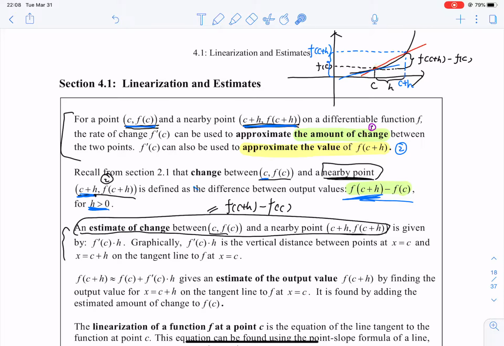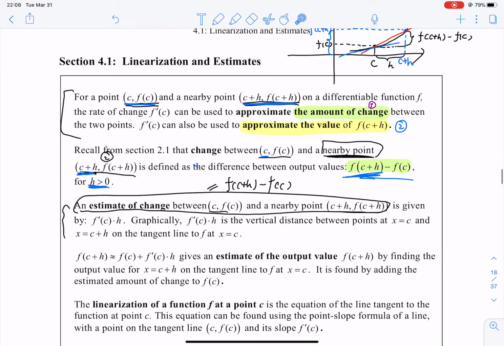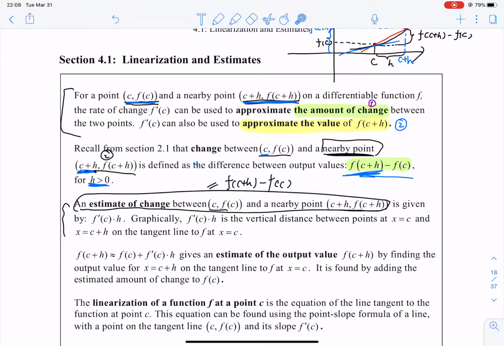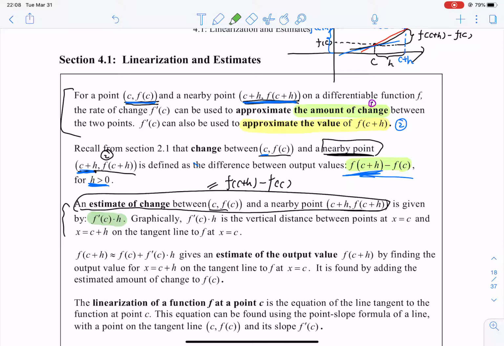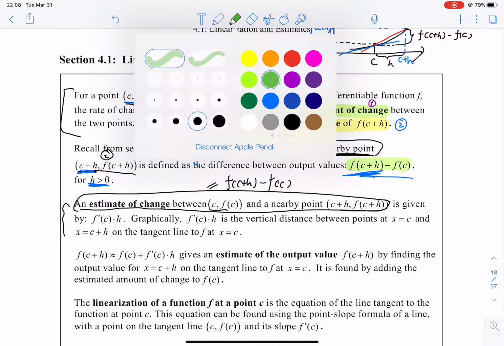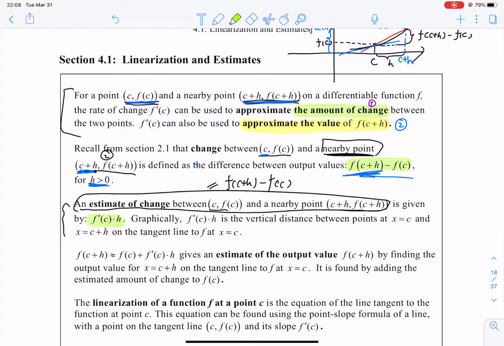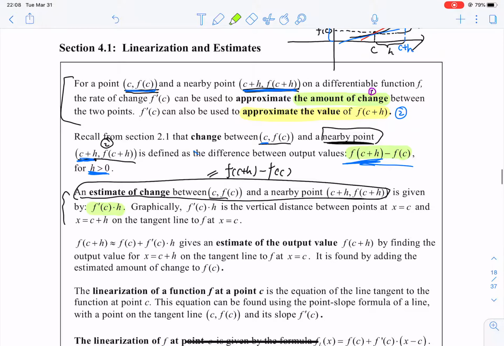So the slope of this one multiplied by the horizontal difference h, then we got this one. And the formula is, you can see here, f prime of c multiplied by h. We can use f prime of c to estimate the change between these 2 points. So this is the first question.